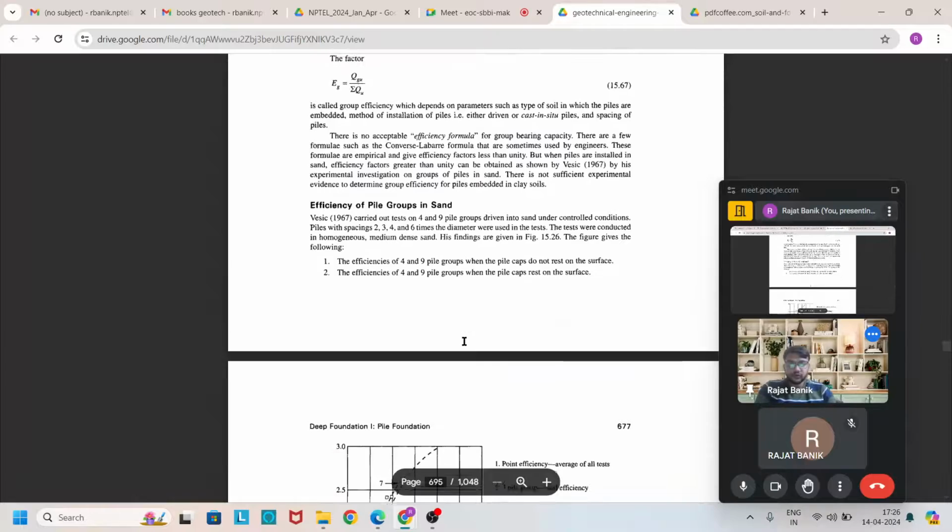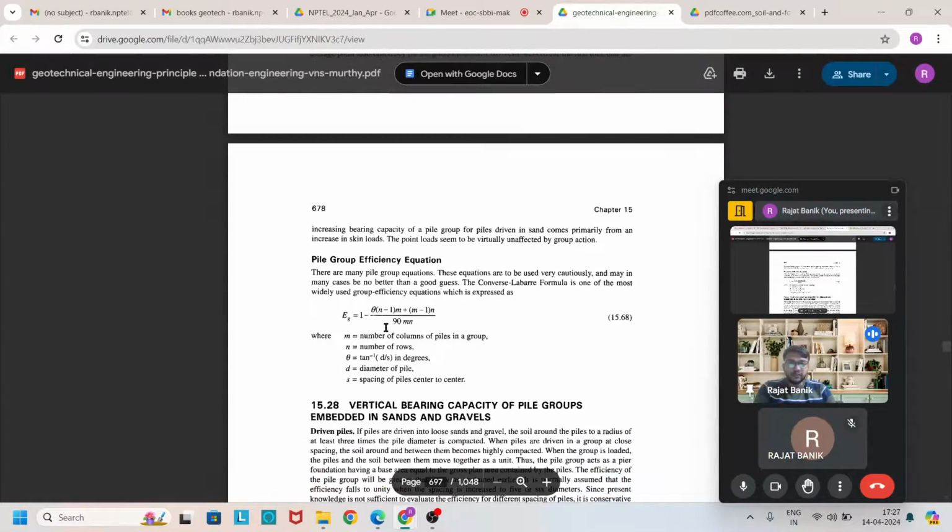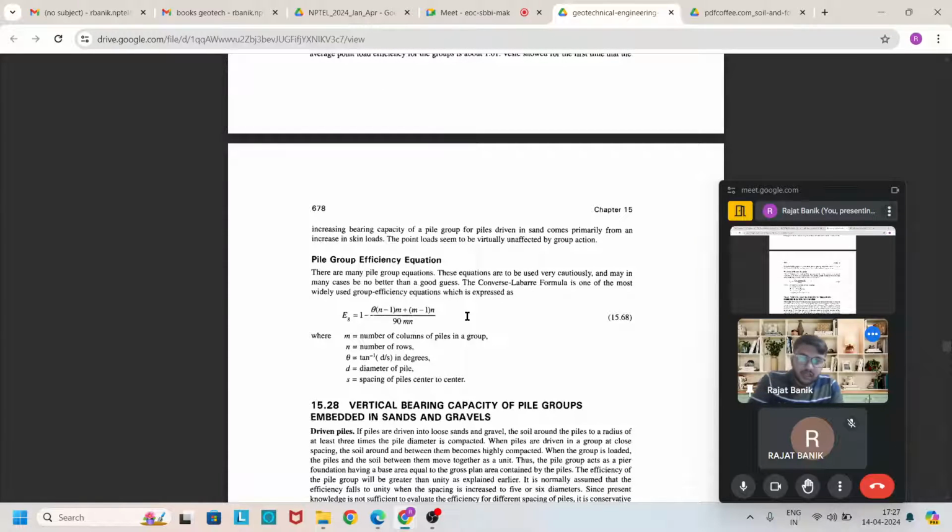Now efficiency: there is one formula given by Converse-Labarre, which depends on the number of piles along the row and the number of piles in the column of the pile foundation, and also the angle theta, which is equal to tan inverse d by s.